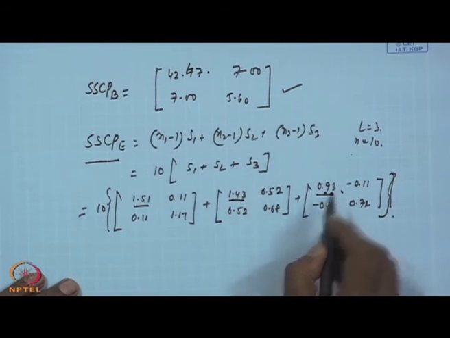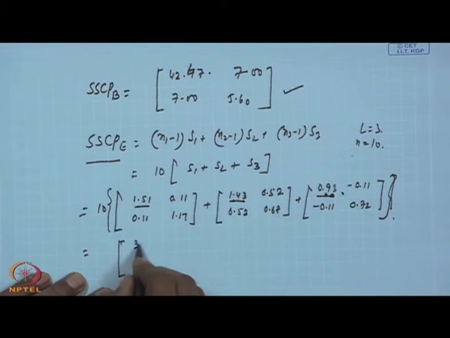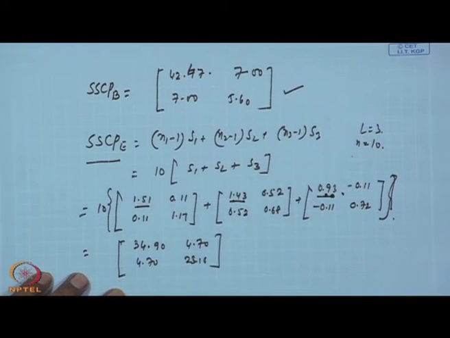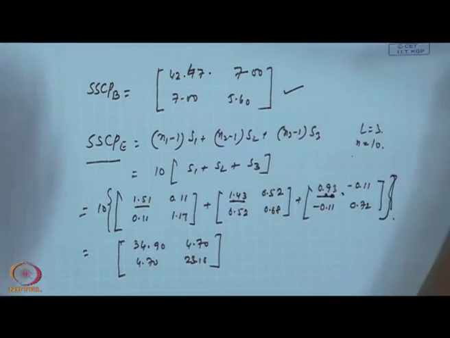So this resultant quantity will be your 34.90, 4.70, 4.70, 23.10.